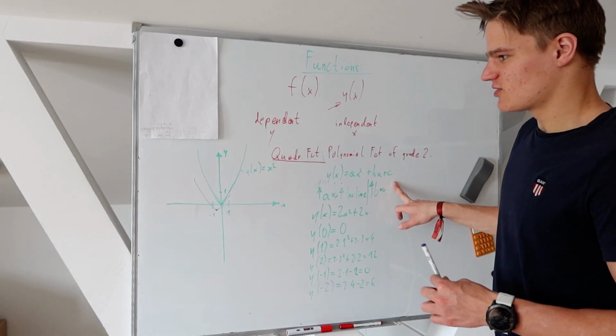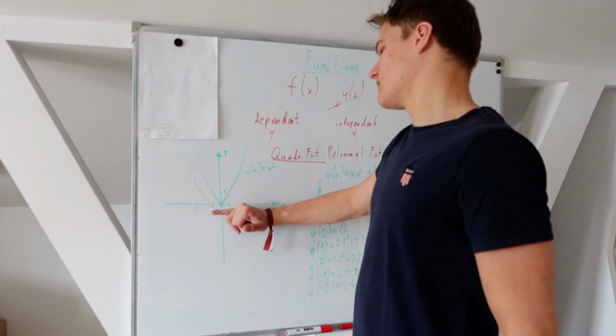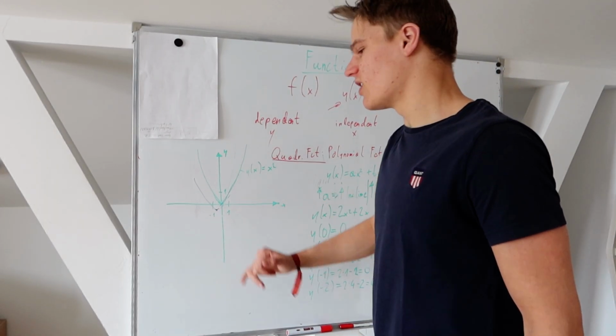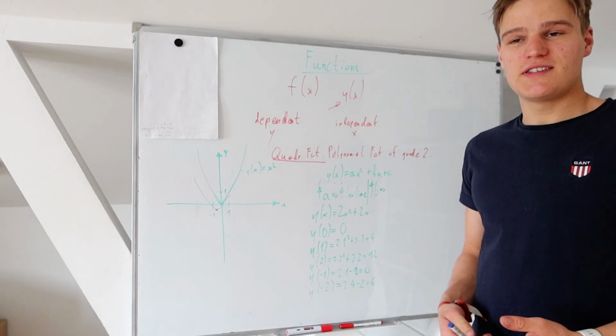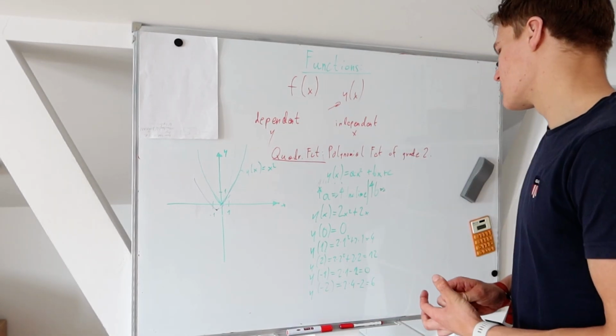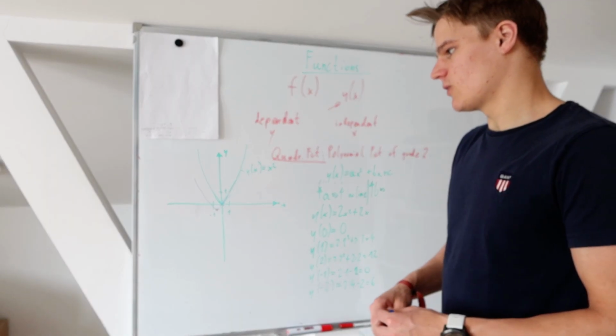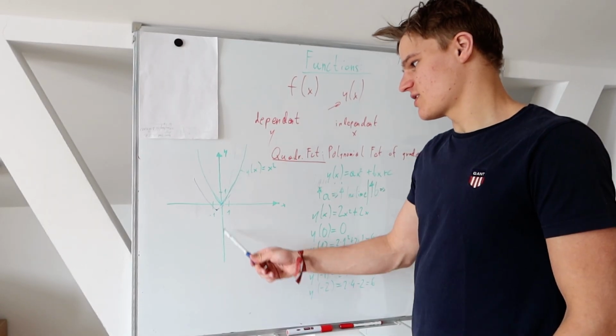And let's just say that c is the value by which you shift this parabola up and down. And c is the same as the d which we've had before, right? So c is just the y value at which this parabola intersects the y-axis.